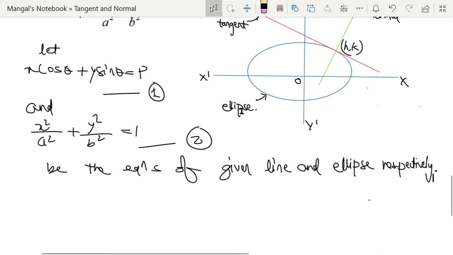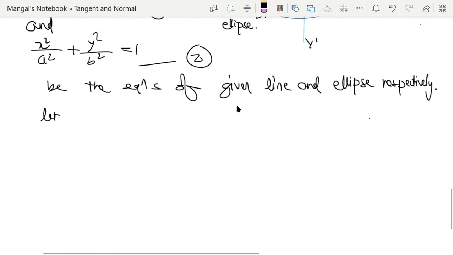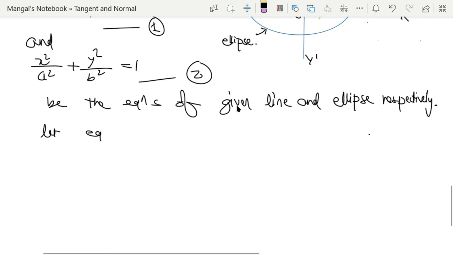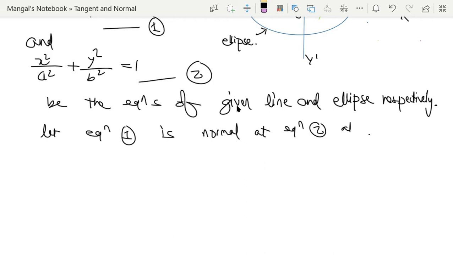Okay, now what I will do over here is suppose equation 1 is normal to the given ellipse at the point h comma k. So let equation 1 be normal to equation 2 at the point h, k. Here h, k is an arbitrary point, any point could be taken.